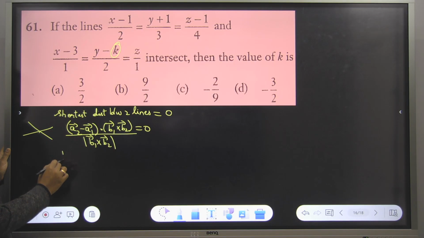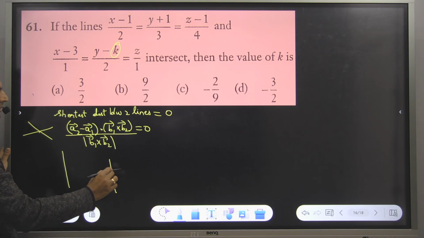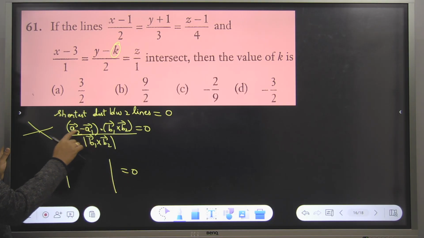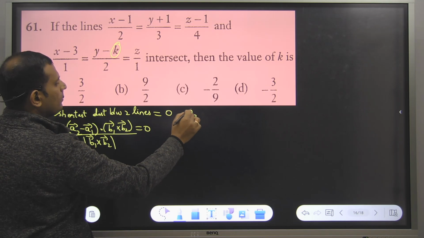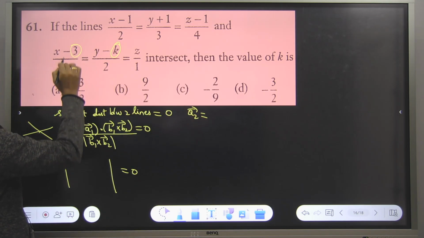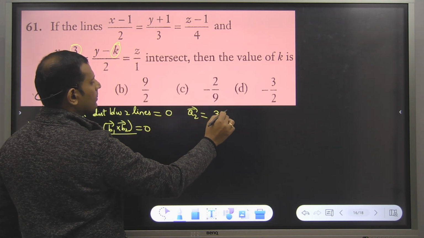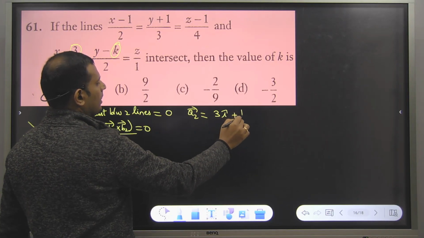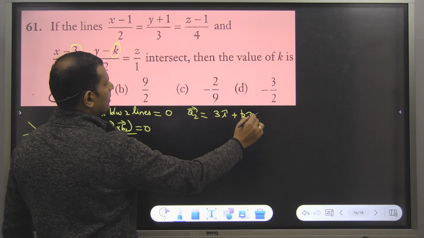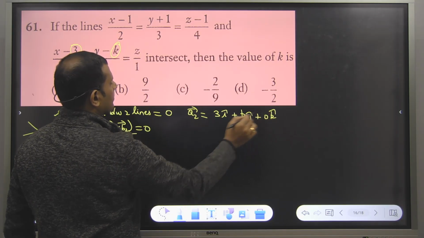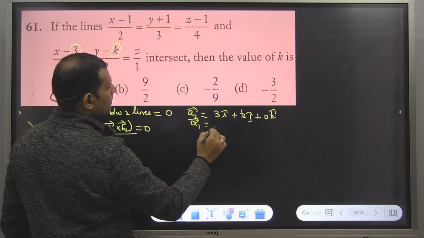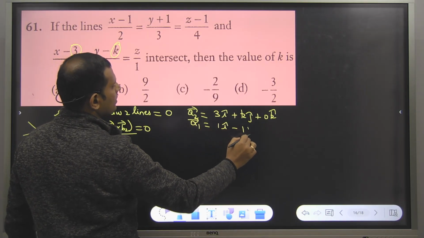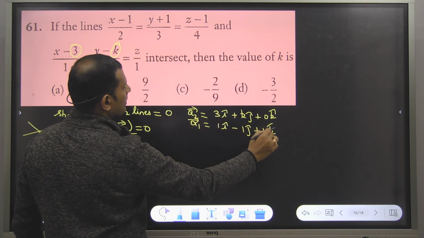And for the numerator, I told you should write a determinant. In the first row, write a2 minus a1. a2 vector is 3 i cap plus k j cap plus 0 k cap. a1 vector is 1 i cap minus 1 j cap plus 1 k cap.